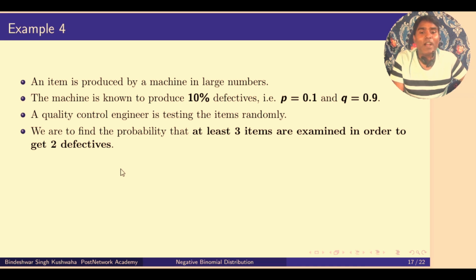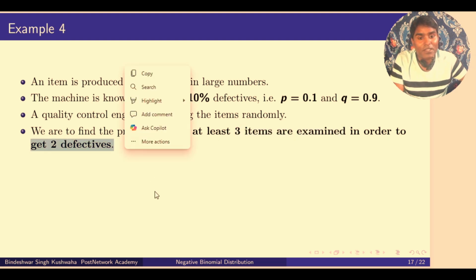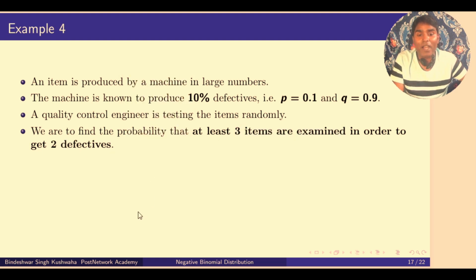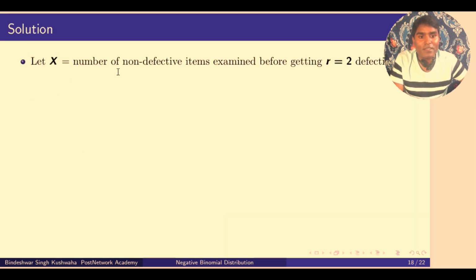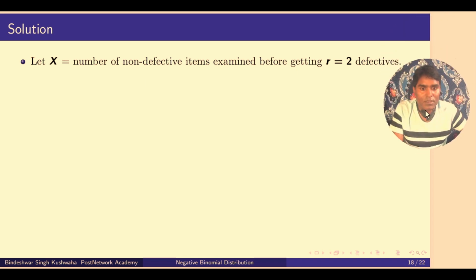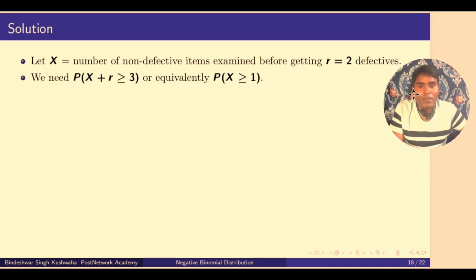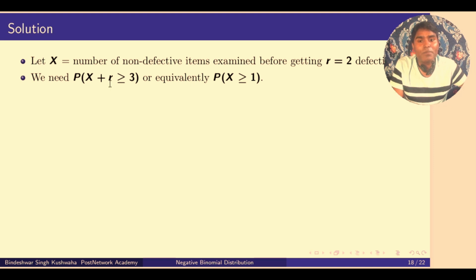We are to find the probability that at least 3 items are examined in order to get 2 defectives. Let us find r and X. This is a negative binomial situation where r is equal to 2, p is equal to 0.1, q is equal to 0.9, and here we need X plus r to be greater than or equal to 3.